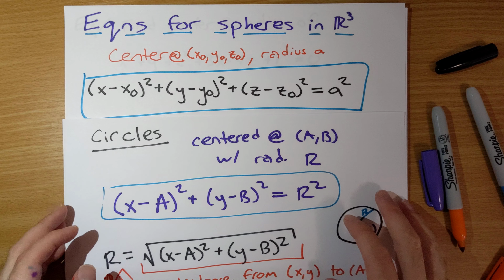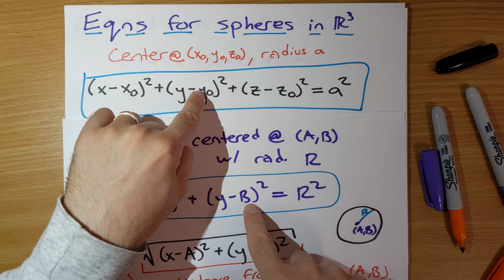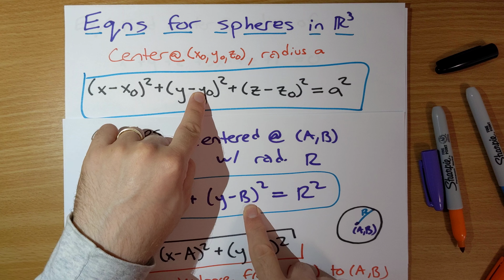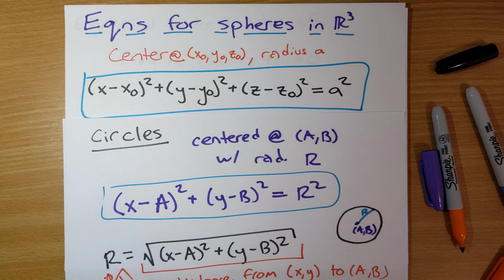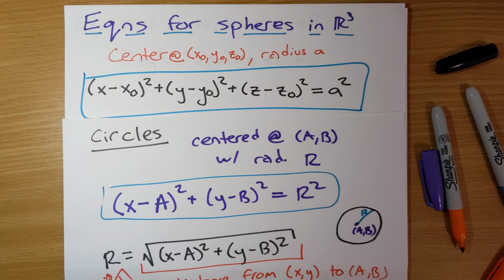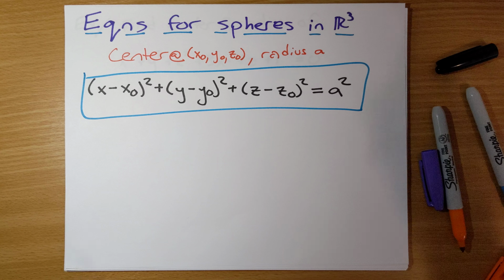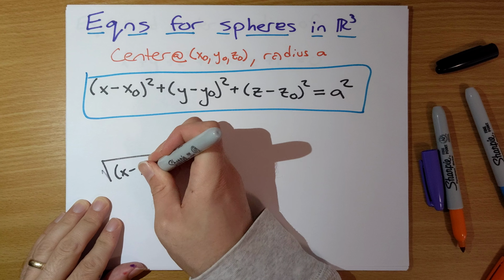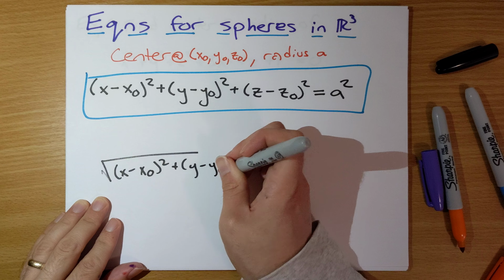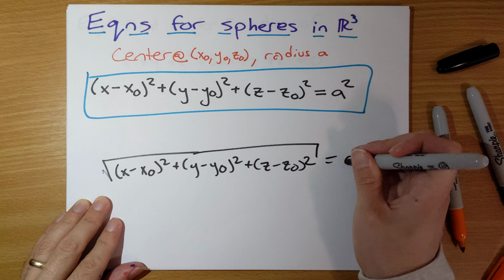Once again, let's compare: x minus the x coordinate of the center squared plus y minus the y coordinate of the center squared. Up here, there's an extra plus z minus the z coordinate of the center squared is equal to the radius squared. Here I use r, there I use a. That shouldn't bother us. And again, why does this work? Let's note real quick that if we take the square root of both sides, the square root of (x − x₀)² + (y − y₀)² + (z − z₀)² is equal to a.